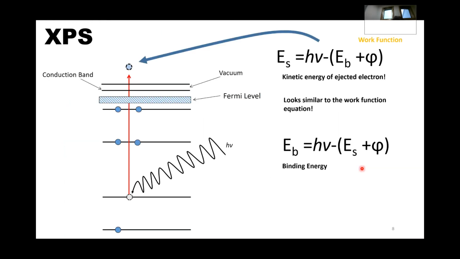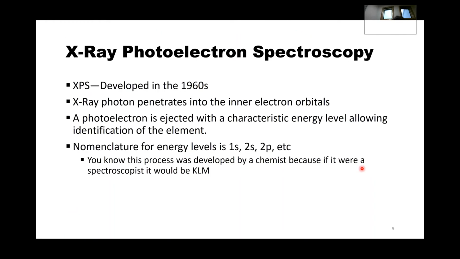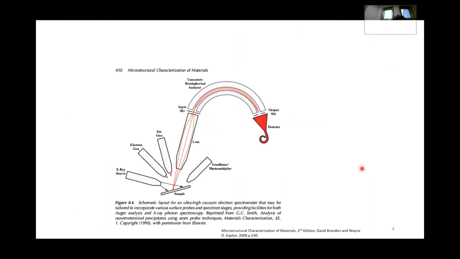I said before up here that we have this ion gun on this schematic, and that ion gun's usually used to remove material, basically. So say you have something that readily oxidizes, like aluminum, and you want to do characterization of the bulk.